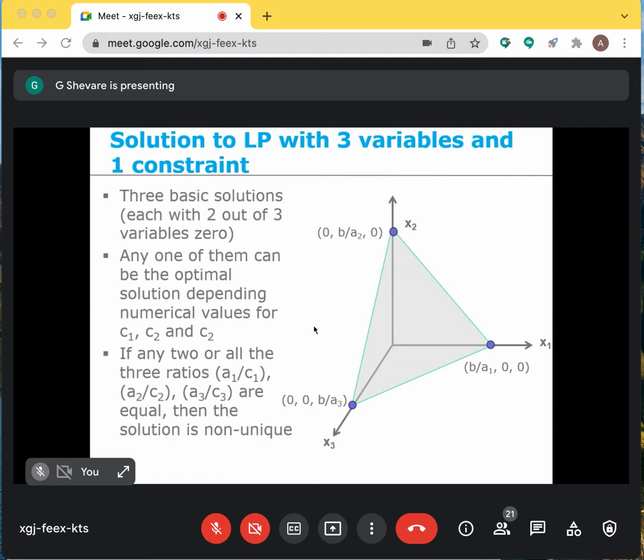Depending on how C1, C2, C3 are defined, one of the vertices will be the solution that we are looking at, the solution to this problem. So that is what is written here. Let us read it. So three basic solutions exist.